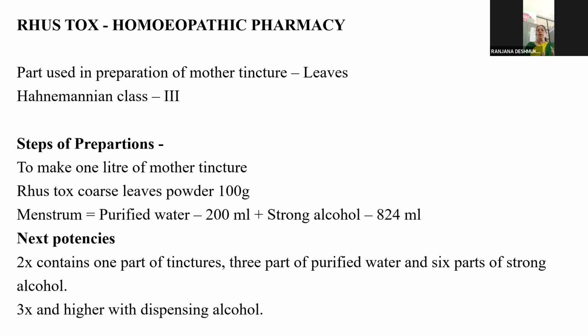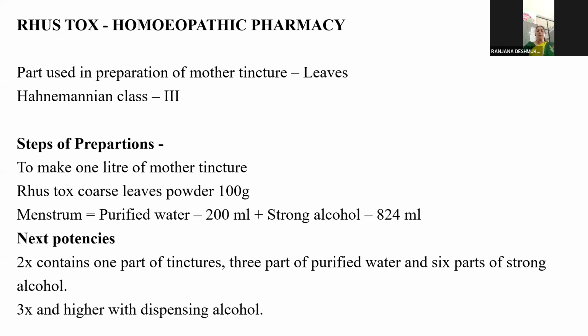When we mix it, it is called a menstruum, and it acts as the best menstruum because it dissolves the active principle of Rhus Tox, that is eucerol, and the active properties which act on your tissues. Thus we can apply mother tincture in some people, but it is not given to each and every patient.